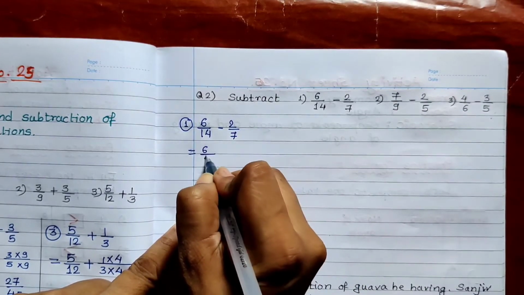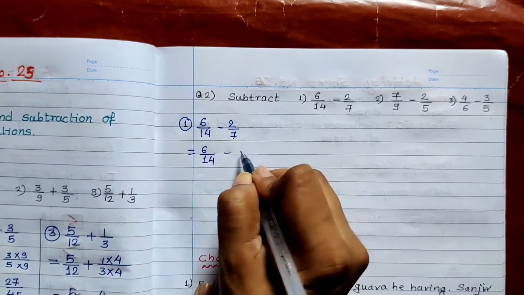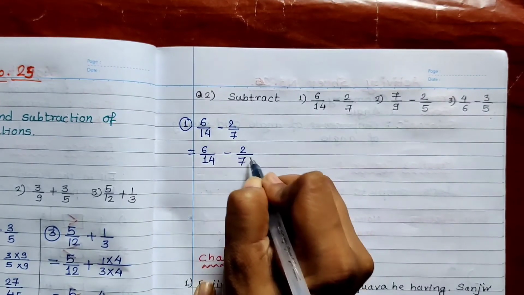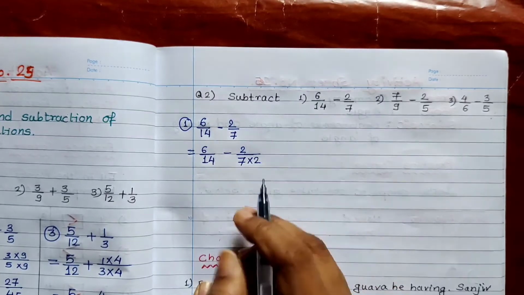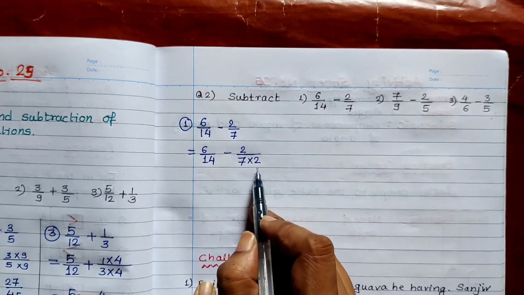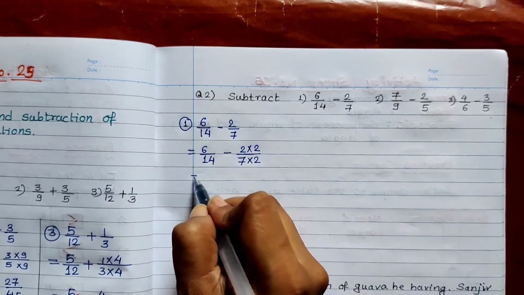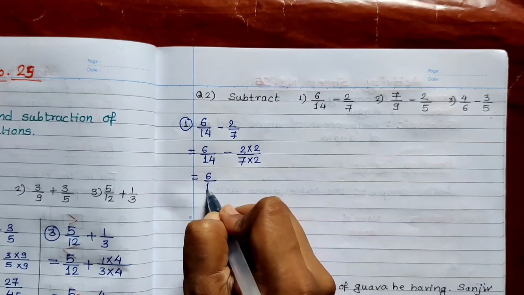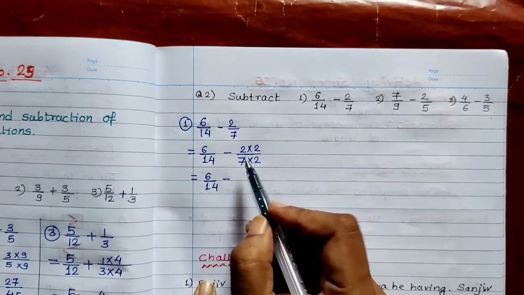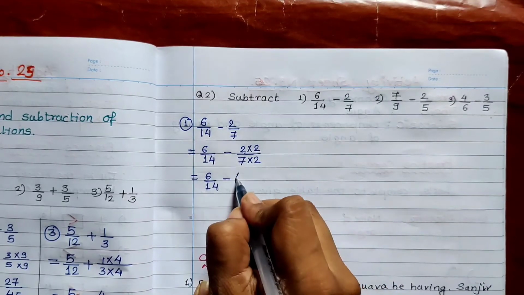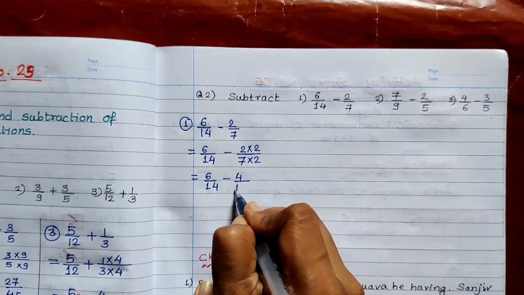We write it as it is, 6 upon 14 minus 2 upon 7. 7 multiplied by 2 is 14. As we are multiplying the denominator by 2, we multiply the numerator by 2 as well. So the second fraction becomes 2 2s are 4, 7 2s are 14.